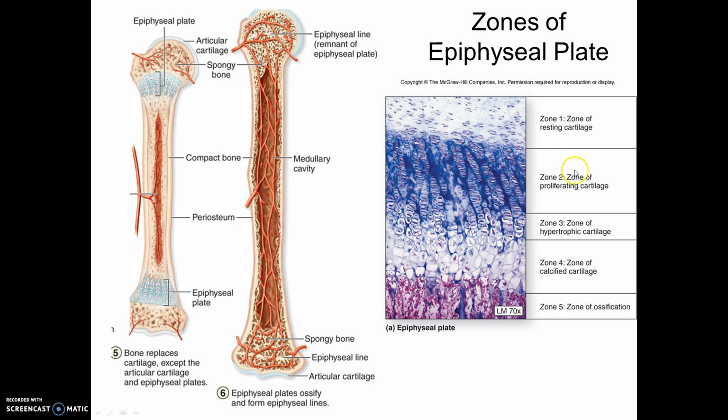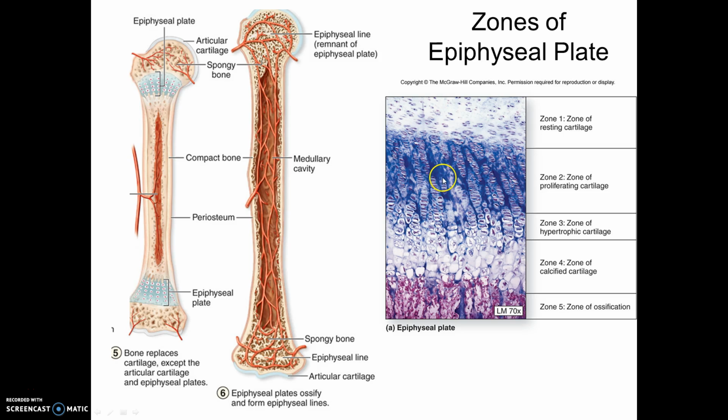Now the zone of proliferating cartilage means the zone of dividing cells. Here the chondrocytes are slightly larger and they're undergoing rapid mitotic division. You can see they start to line up like stacks of coins here because they're dividing in an upward direction.